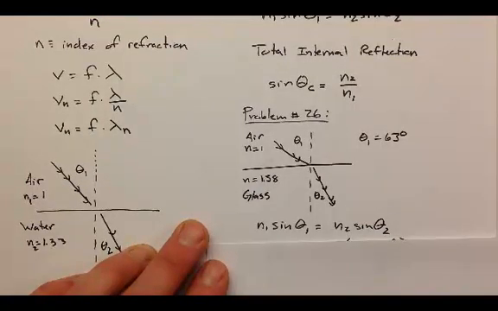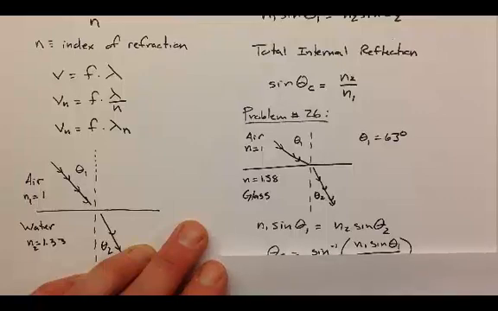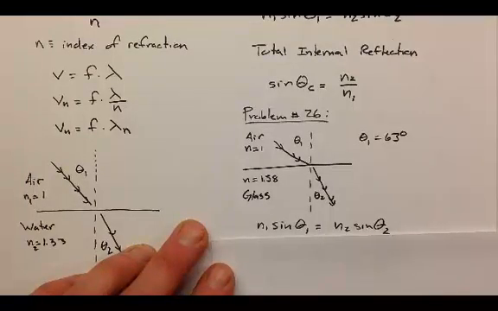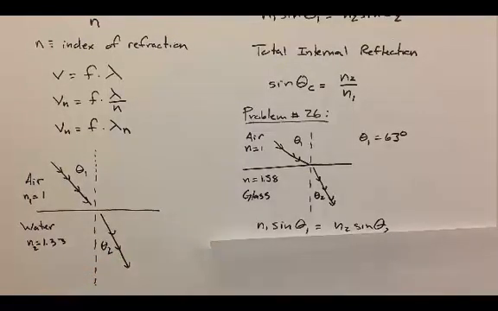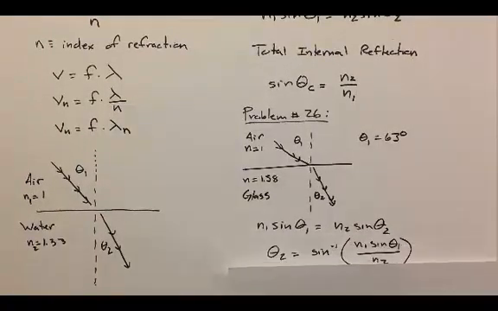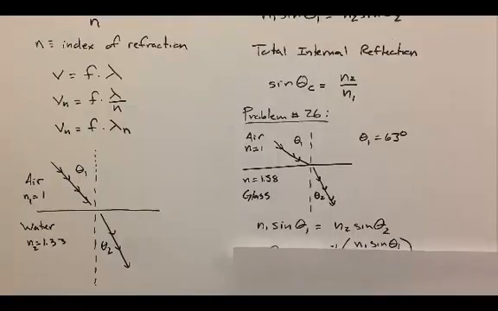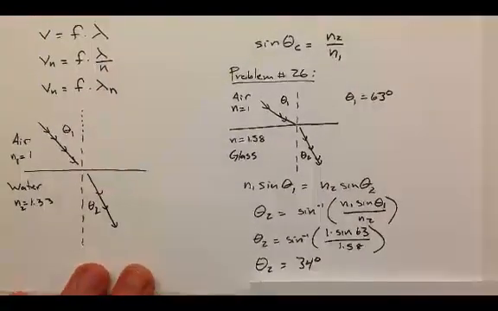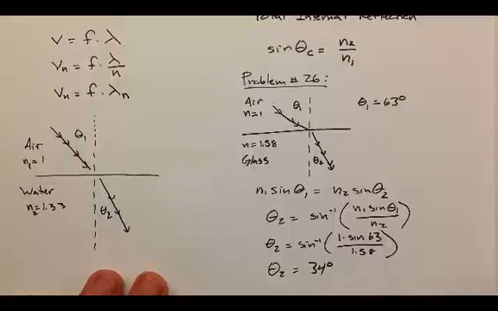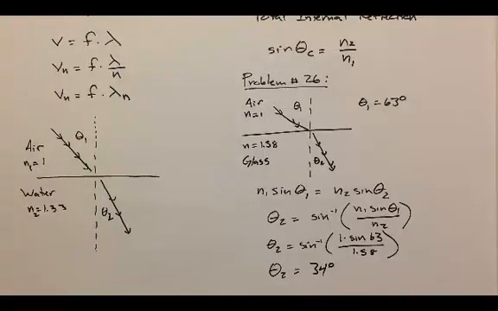What is the angle at which it's going to be bent? So this is a straight algebra Snell's law equation. n1 sine theta 1 equals n2 sine theta 2. And we can do a little algebra here and solve for the new angle, which would happen to be 34 degrees there. Okay? So those are some hints on how to solve problem 26.